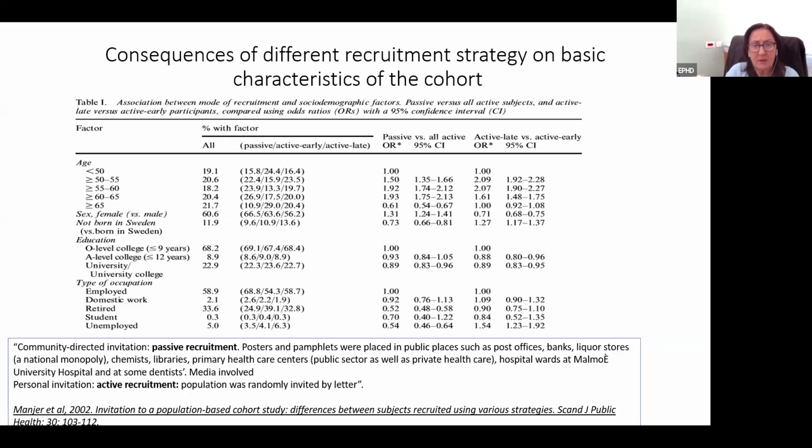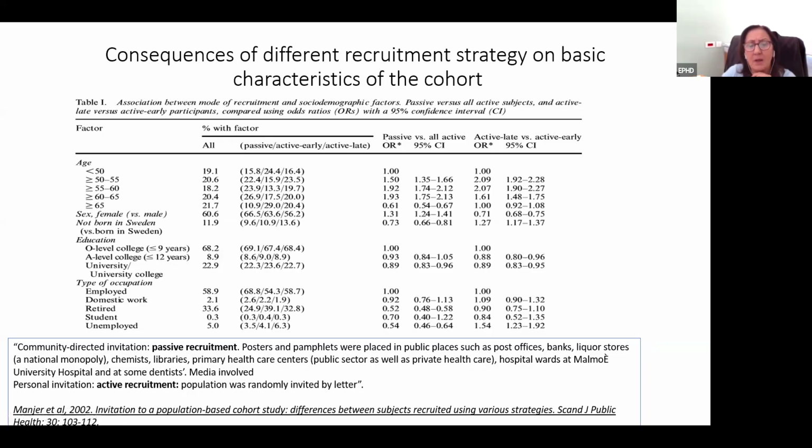What this study did is compare the characteristics of those recruited using passive recruitment compared to active recruitment. There is also active early and active late, but let's not think about that. I'm going to think about passive versus all active.